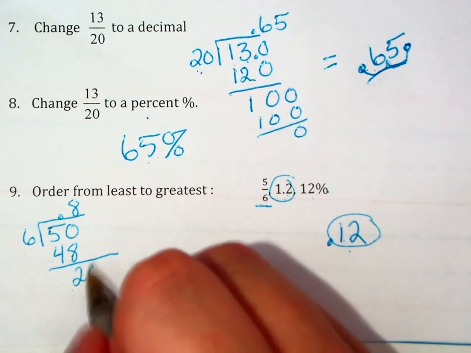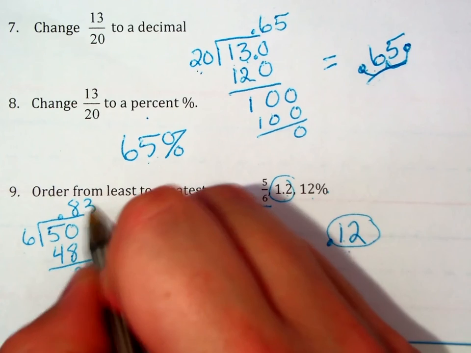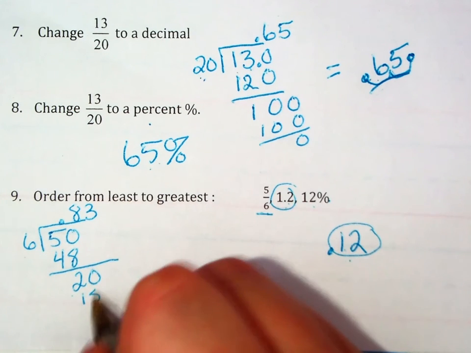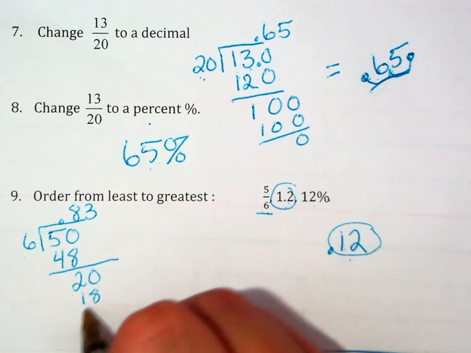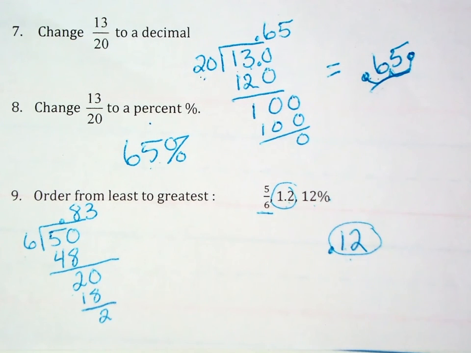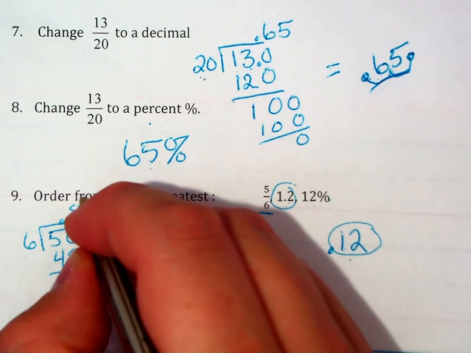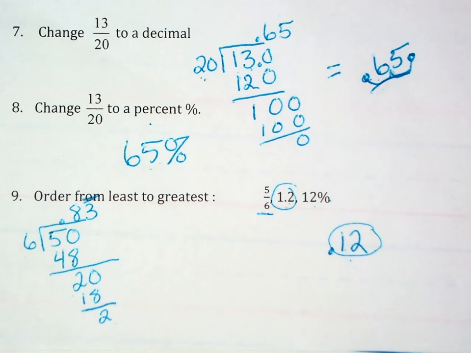Still not terminal, so I can add a 0. 3 times 6 gives me 18 with a remainder of 2. If I continue to get a remainder of 2, I know this is going to continue being a 3, 3, 3, 3, 3, on and on and on, repeating.